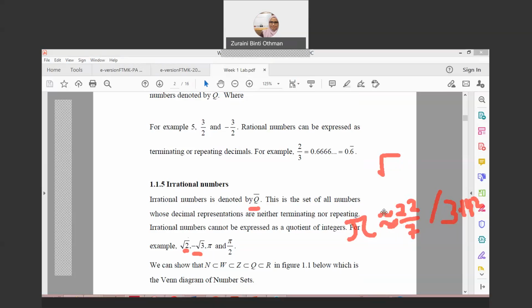Dia menghampiri 22/7. Dan pi ni ialah irrational number. Nombor dia tak berhenti. It's not repeated. Because if it's repeated macam 6666 ataupun 131313, dia dah nampak trend kat belakang tu, dia boleh dijadikan sebagai rational number. Tetapi ini is not repeated dan dia tak boleh tulis sebagai pecahan.